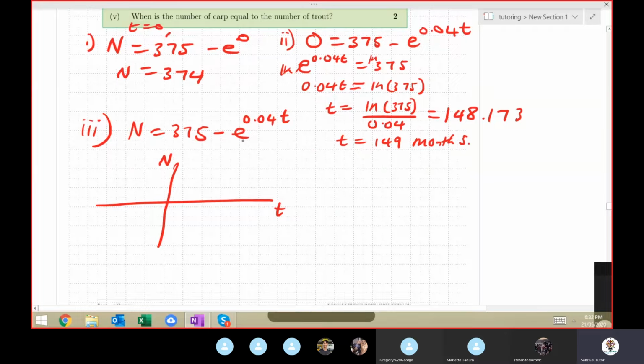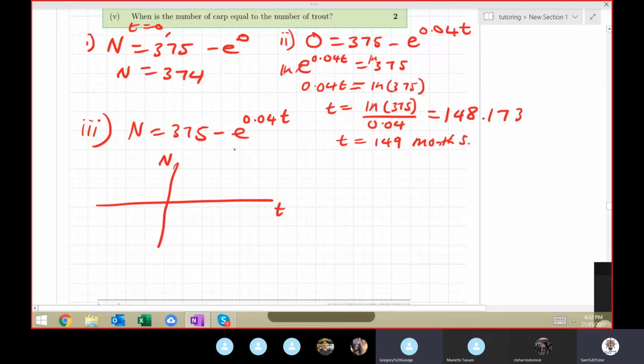Stefan, any ideas of how to sketch this? Think of it in terms of y equals 375 take away e to the power of x, if that helps. Anybody know?